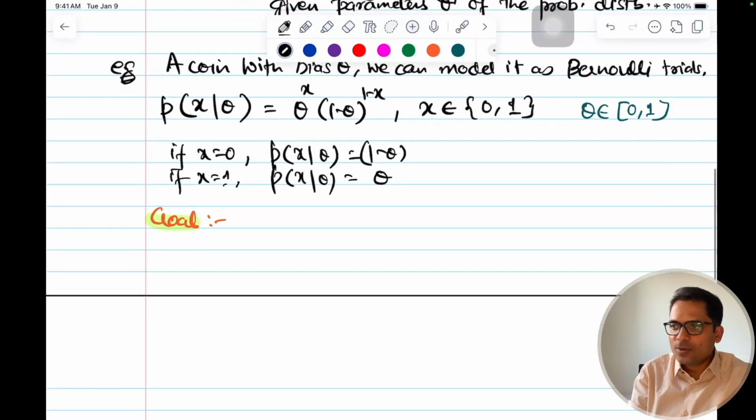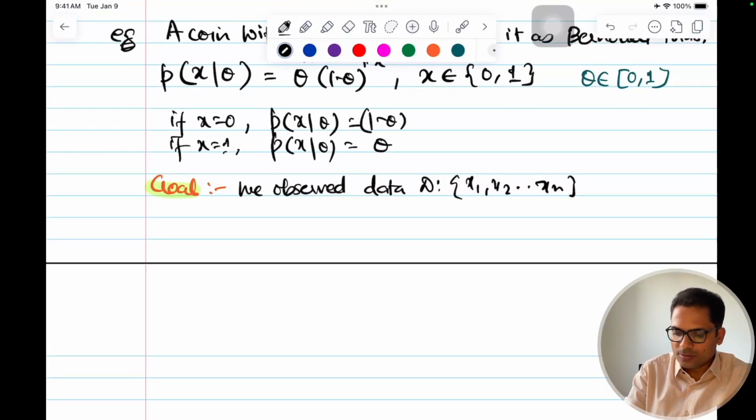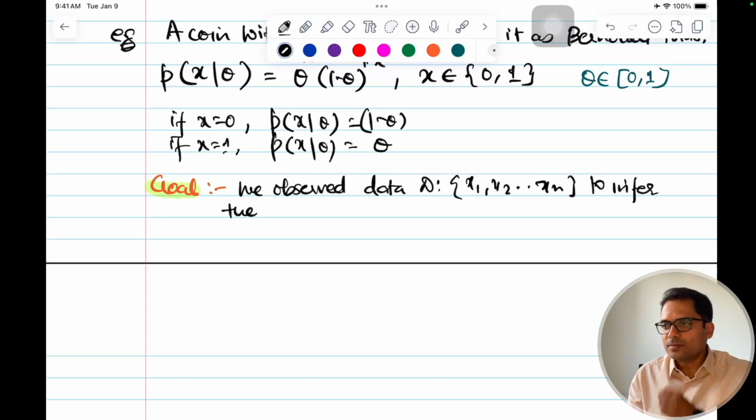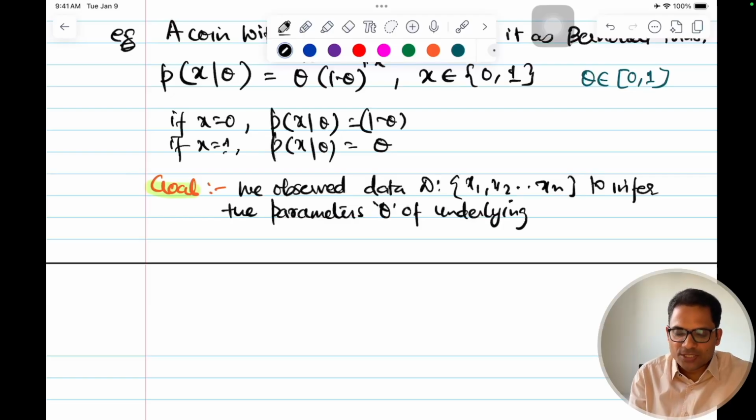We observed data D, x1, x2, ..., xn, to infer the parameters theta of the underlying probability distribution. This is my goal. We made some observations and now we want to infer the parameters of the underlying probability distribution.